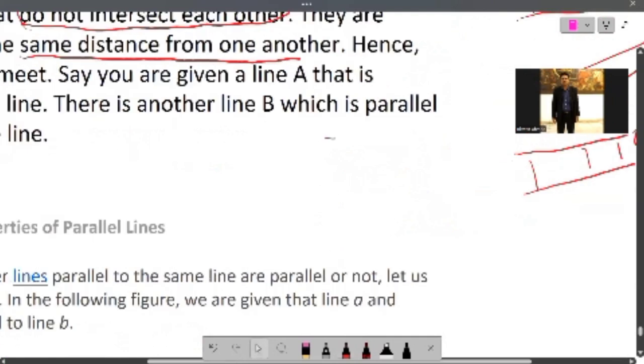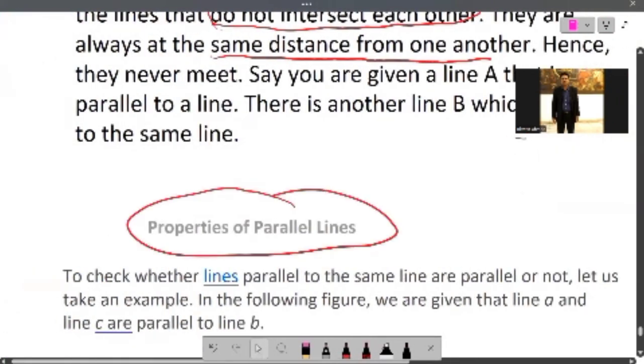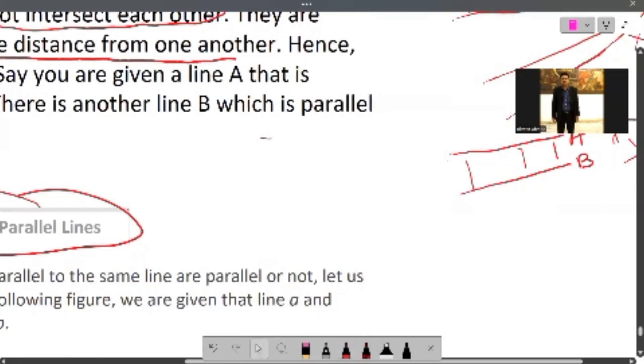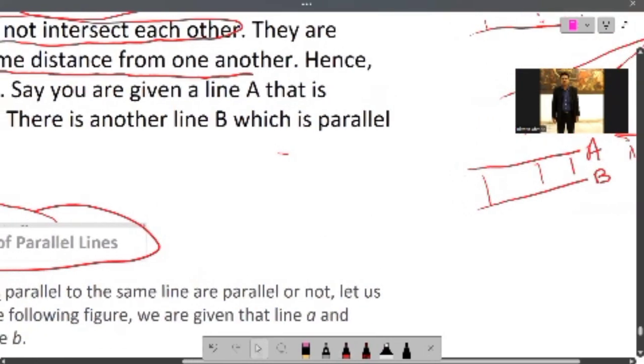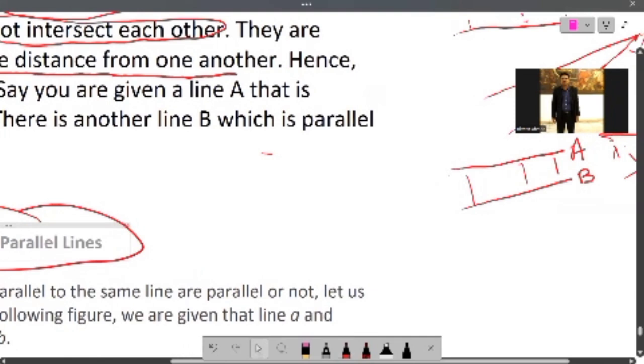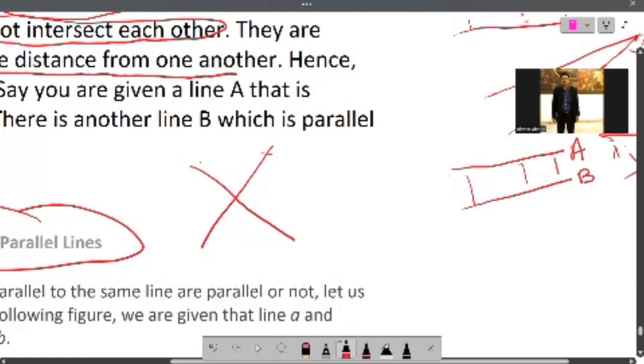Before learning the properties of parallel lines, we have to know some theorems. For example, the corresponding angles of two transversal lines are always equal. Let's suppose these two are the transversal lines.